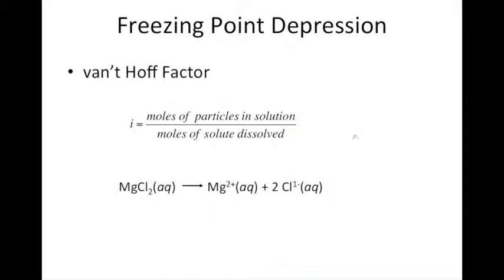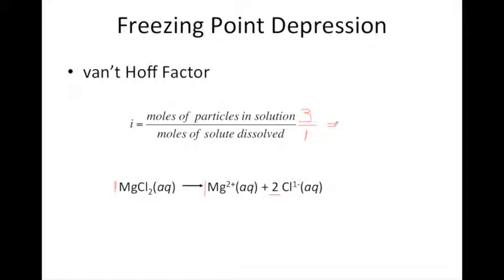If we looked at another ionic compound, magnesium chloride, for every 1 mole of magnesium chloride that we dissolved, we would get 1 mole of magnesium and 2 moles of chloride ions. So for every 1 mole of magnesium chloride that we started with, we would get 3 moles of particles, or 3 moles of ions. At least we would predict that.